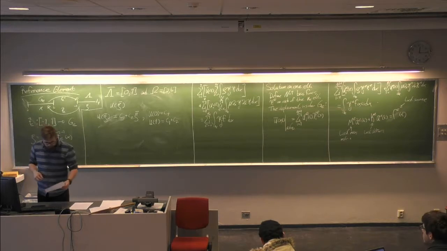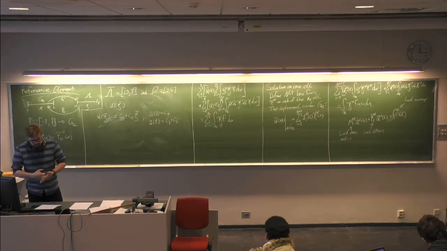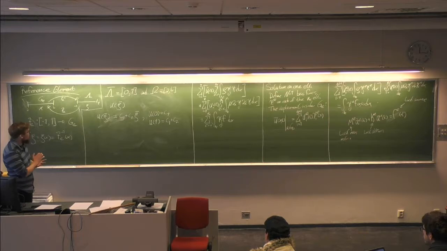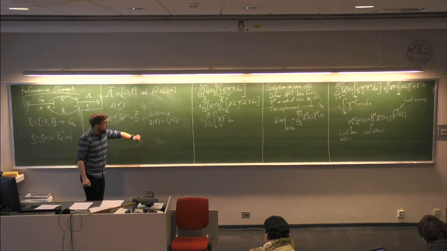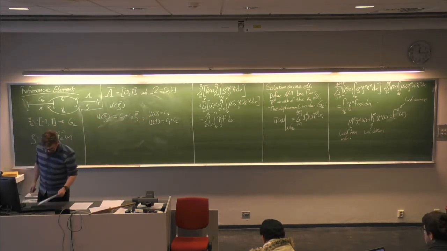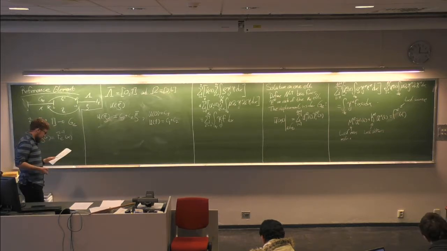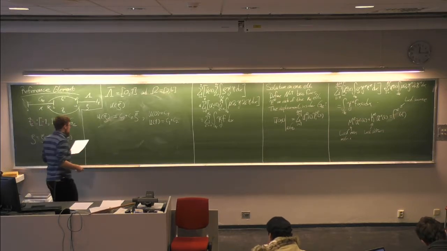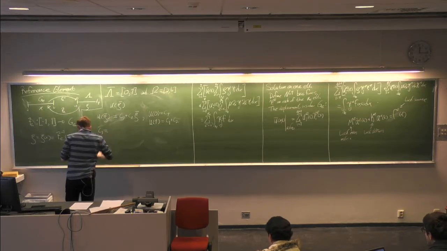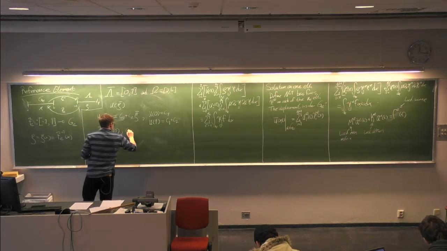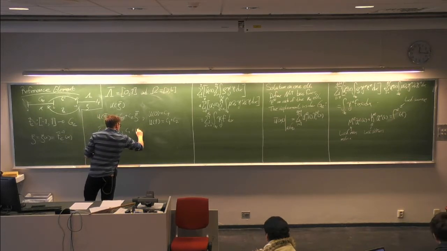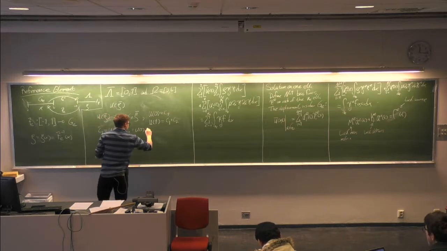Okay. Now we need to find expressions for C1 and C2, and we do that with two equations. So, basically, C1 is u of 0, and C2 is u of 1 minus u of 0.